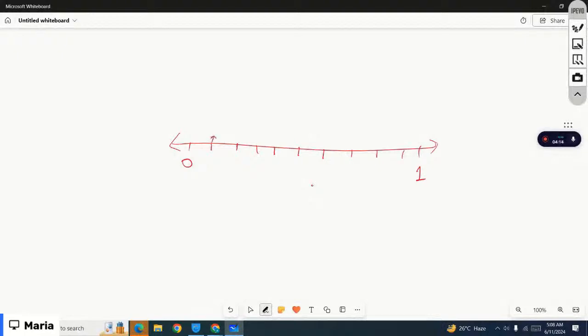The small intervals represent 0.1, 0.2, 0.3, 0.4, 0.5, 0.6, 0.7, 0.8, 0.9, and after 0.9 you have 1. So between two integers you have 9 small intervals. Each interval represents 0.1. Got it?